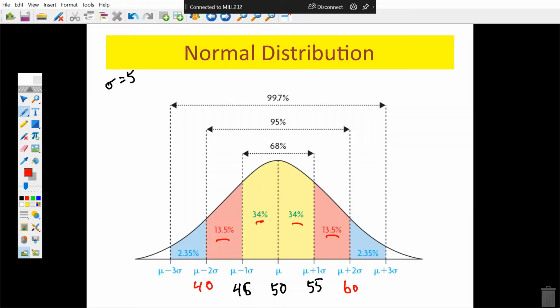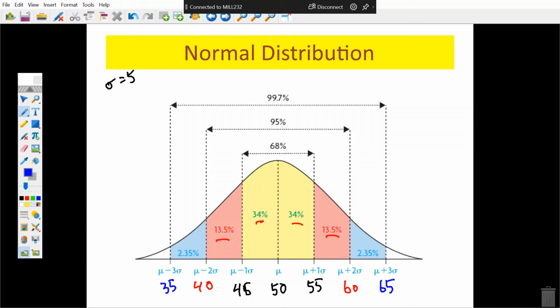So now they're telling us that 95% of the data falls between 40 and 60. All the way up to the final one, 99.7%, which is nearly everything, falls within 3 standard deviations, which would be 65, the mean plus 3 standard deviations, and 35.